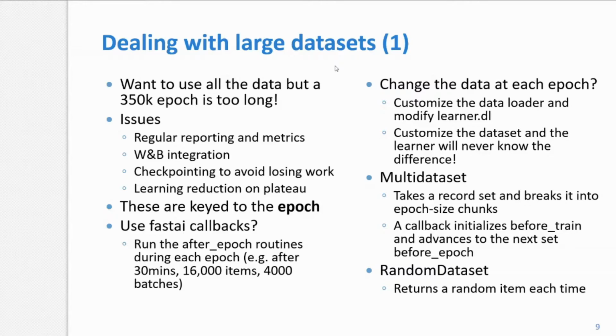And I use a callback to do a little initialization before training, and then advance a counter before each epoch. And that seems to work fine, actually. It was very straightforward to implement, and it gives me the overall behavior that I was looking for from the system.